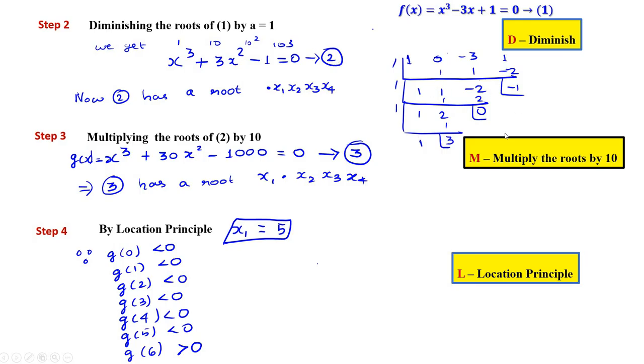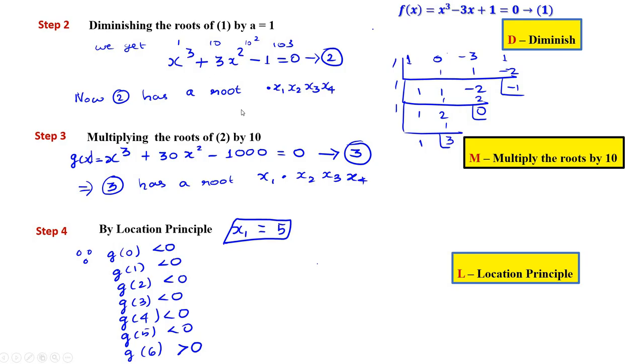So we have performed the synthetic division, and the new equation is x cube plus 3x square plus 0 into x minus 1. Here there is no need to write it as y, z, t or something like that, because we are going to find only these values. The variables here are only dummy, so nothing to worry about whether to write x or y.